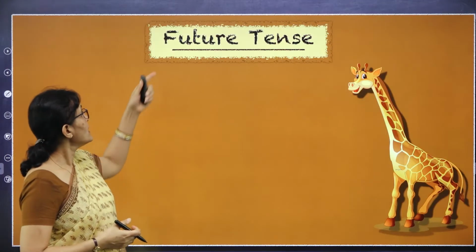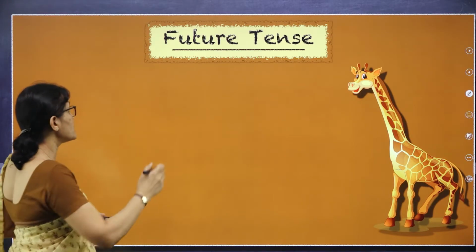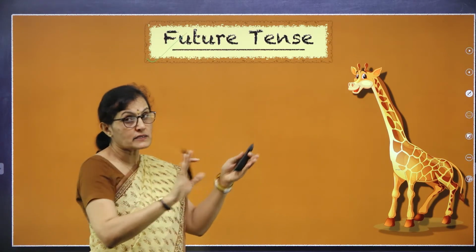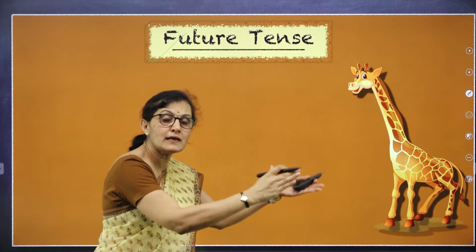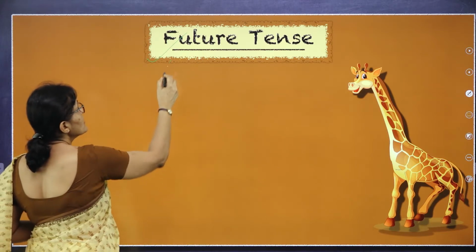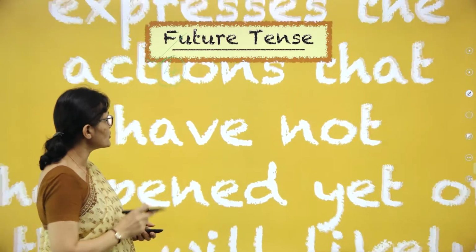Moving forward, let's look at the future tense. When you look at future tense, it means the action is going to happen. It has not happened yet, but further it will happen. So that is future tense. Once again, you will have 4 kinds here. So what is a future tense?